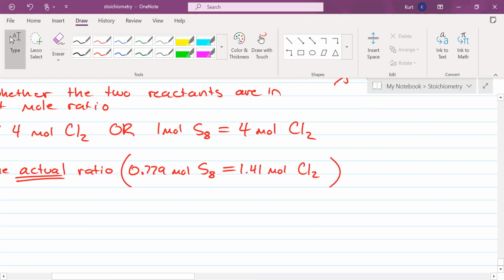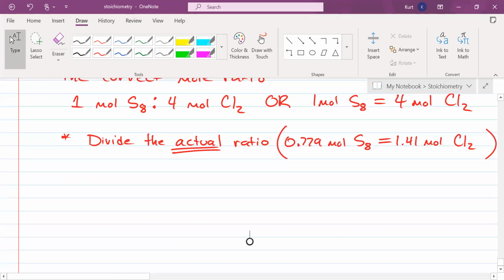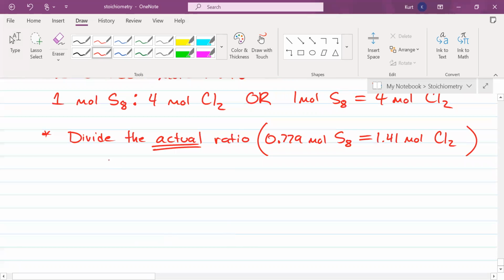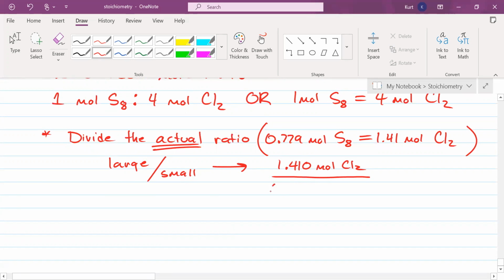That's the actual ratio. And so you're going to divide the larger number over the smaller number. So we're going to have 1.41 moles of Cl2 divided by 0.779 moles of sulfur.